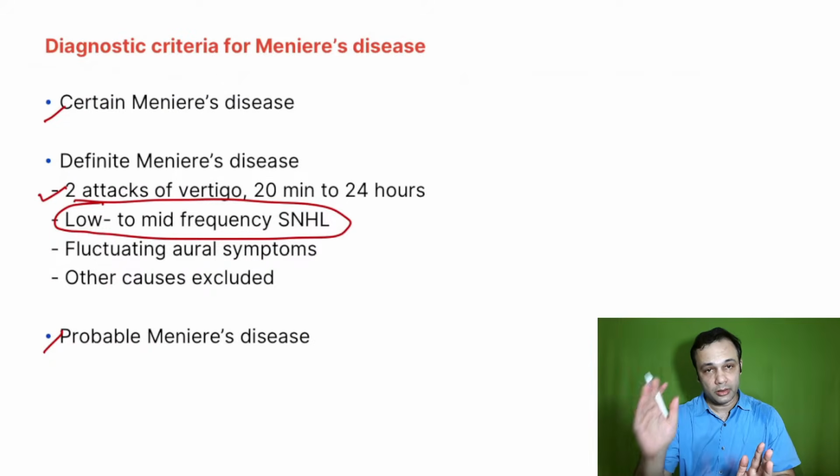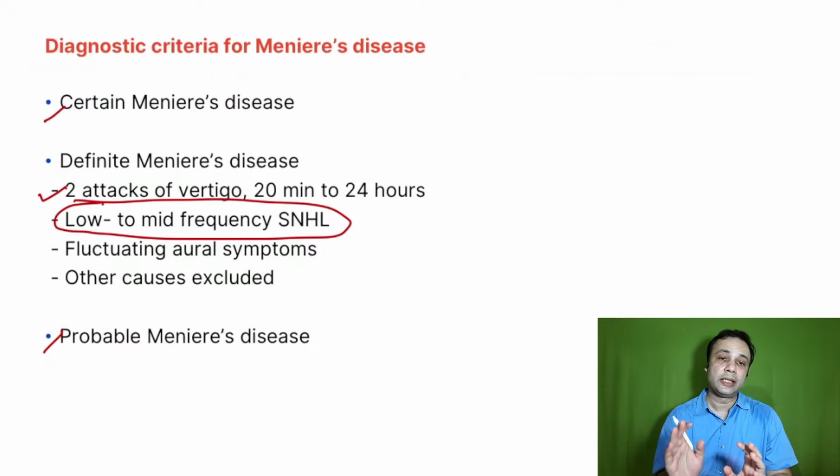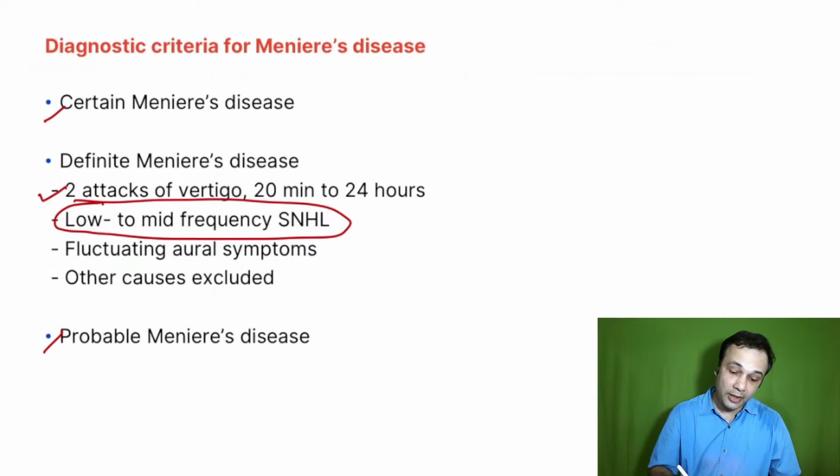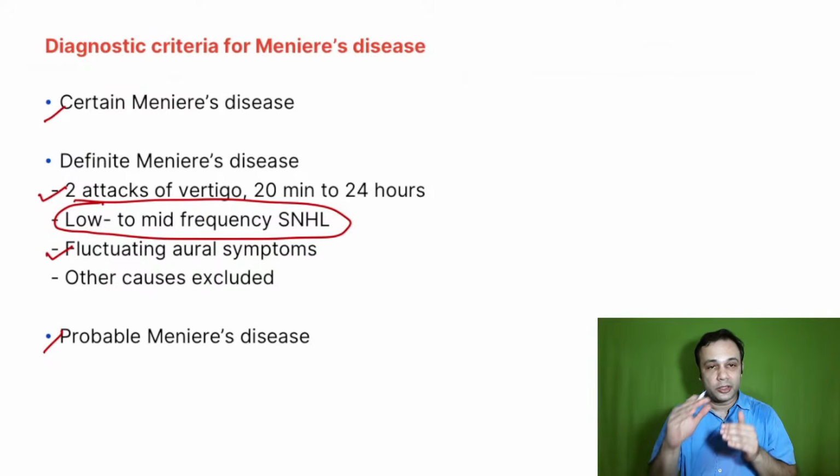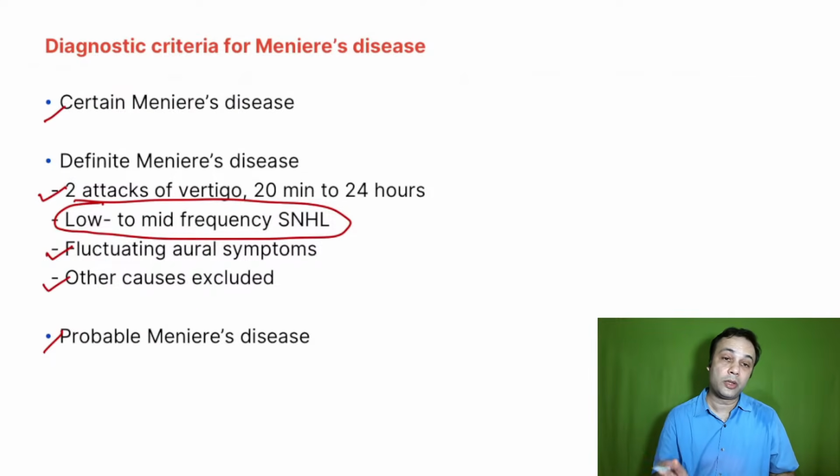Remember, it stops at 24 hours, you don't go beyond 24 hours in cases of Meniere's disease. They will have fluctuating aural symptoms, fluctuating hearing loss, fluctuating tinnitus, and vertigo will be present. Fluctuating aural symptoms are a classical feature of Meniere's disease, and definitely you have to rule out other causes.